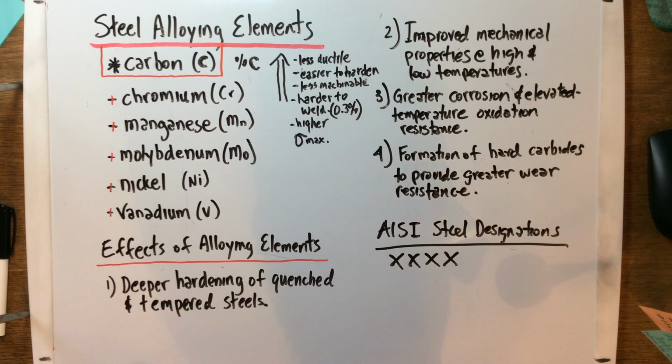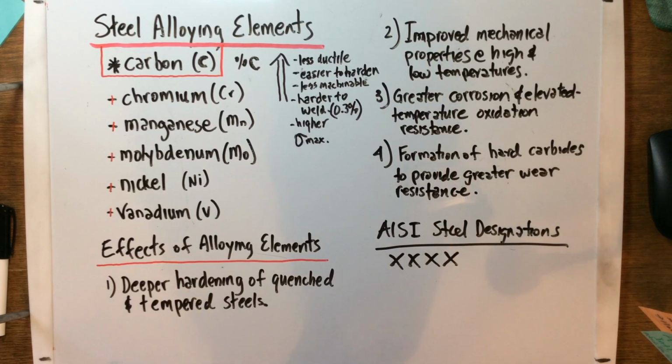It becomes very difficult to get those steels properly welded to perform the way they should. I'm not saying you cannot weld steels above 0.3%, but it requires a lot of different types of operations, both pre and post weld applications. So just keep that in mind at that percent.